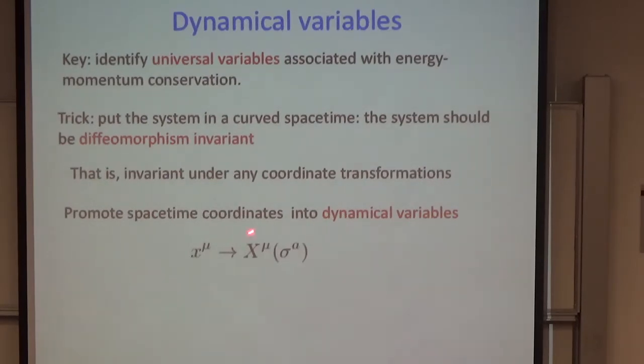So you integrate over all possible coordinate choices, and then you have naturally realized this diffeomorphism. The integration of this kind of variable will be equivalent to energy momentum conservation. Okay? So now we identify the dynamical variables associated with the spacetime coordinates as the fluid variables.